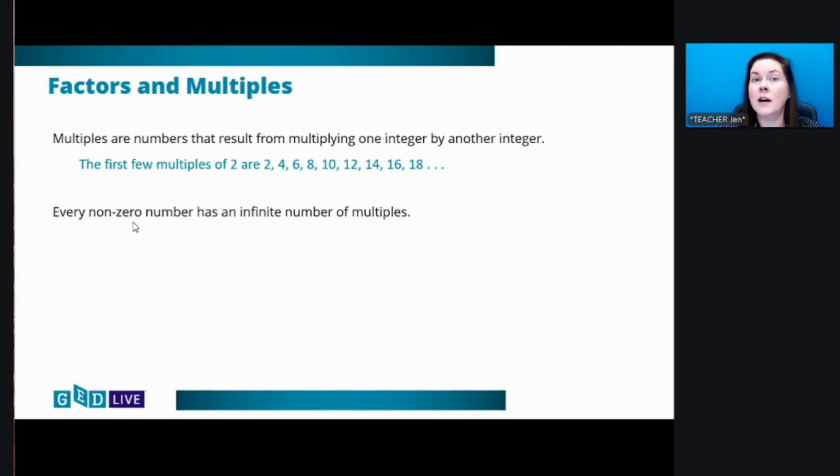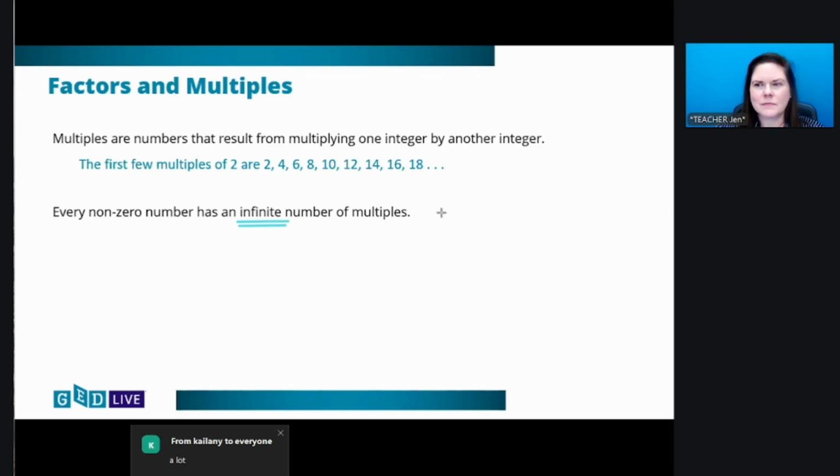So every non-zero number, and by non-zero we mean anything that's not 0, has an infinite number of multiples. Talk to me about infinite. What is the meaning here of infinite? A lot. Yep. Can you tell me more? There's something even more special about it. Goes on forever, right, Dion?